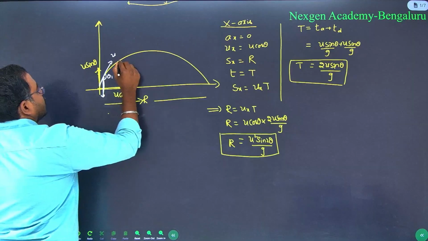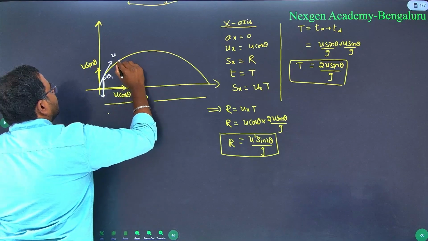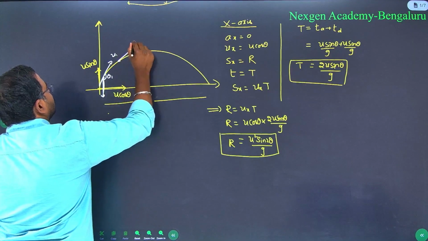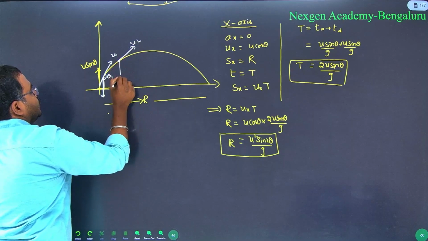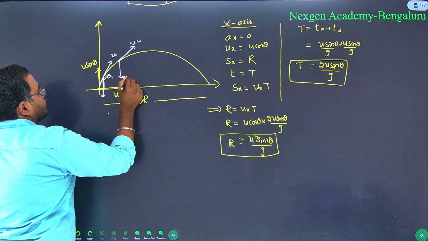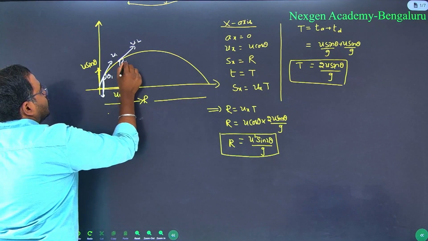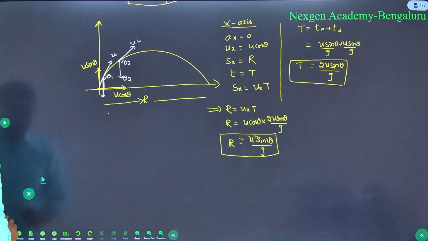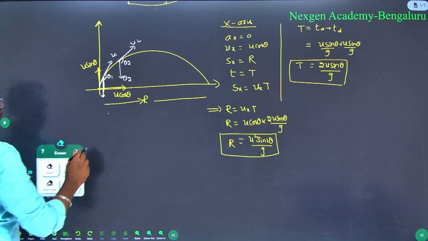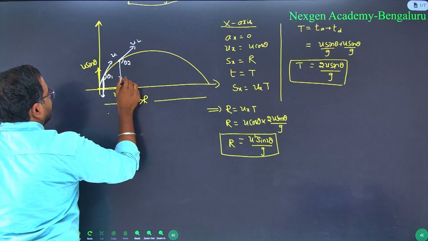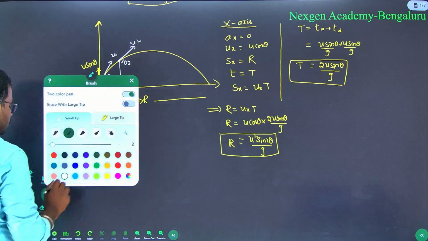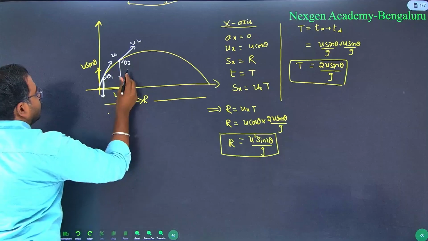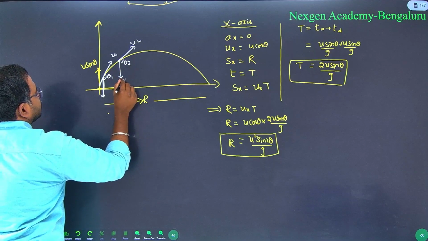Similarly, if you take here this angle, velocity u2, and here it is theta 2, and this is acceleration due to gravity.